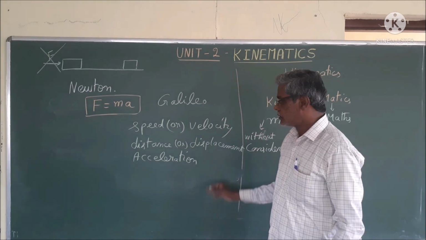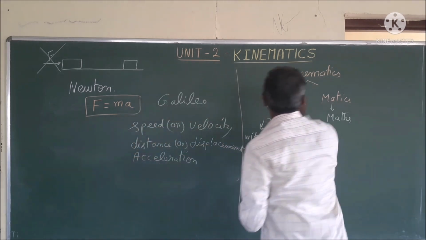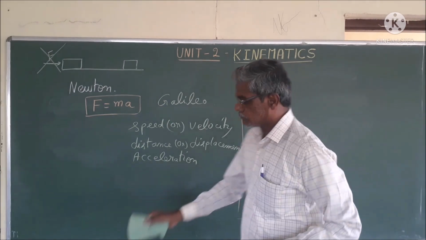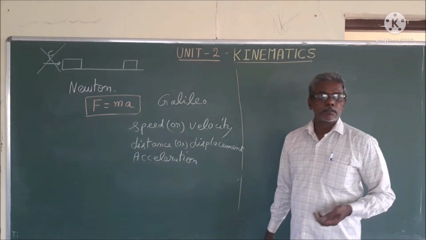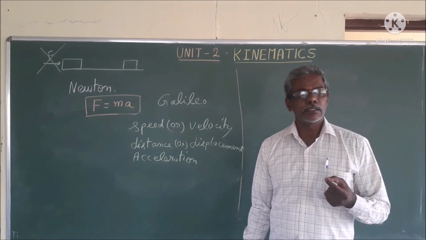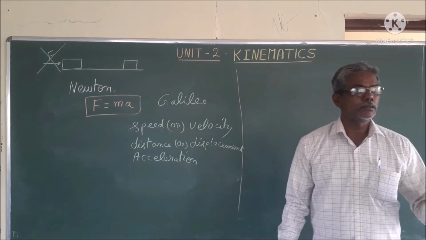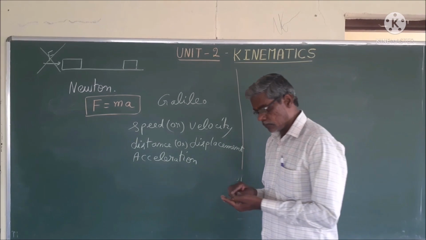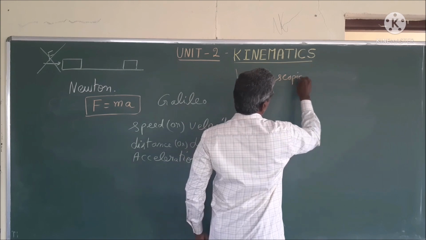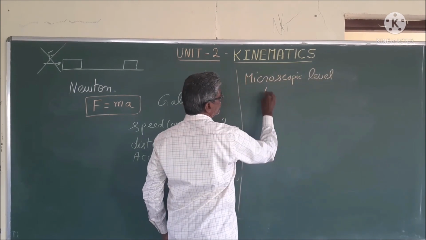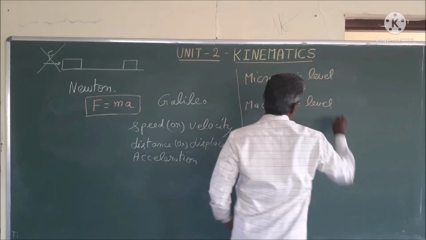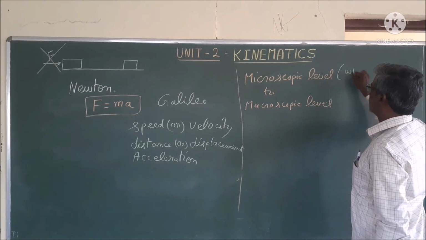Clear? Now, we know that motion is found in all places, from the microscopic level to the macroscopic level. Microscopic level means within the atom.